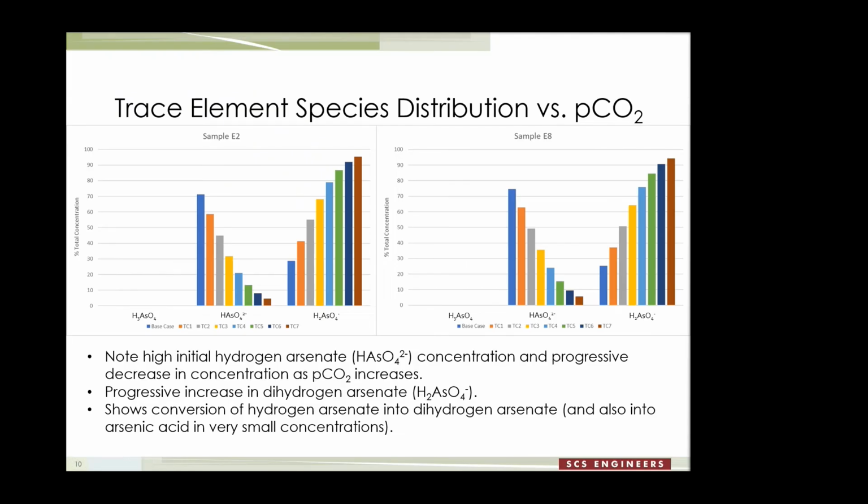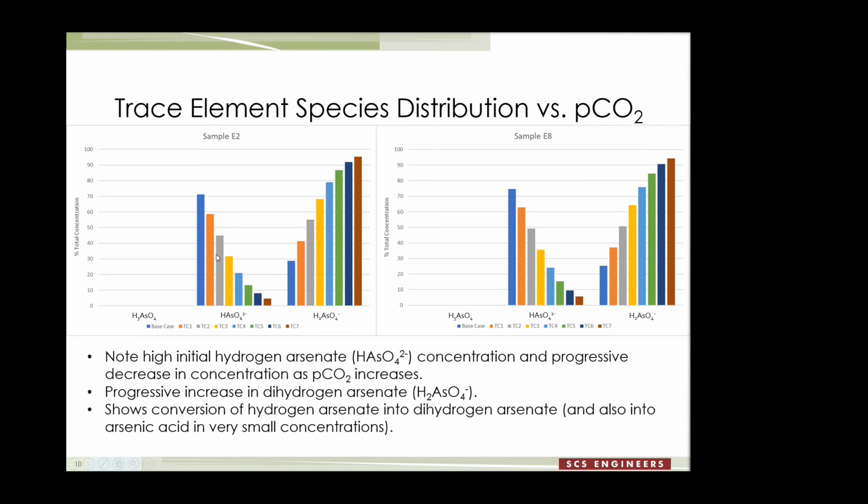Okay, so moving on to trace elements. We're looking here specifically at arsenic. For samples E2 and E8, again looking at the base case, we have an initial high concentration of hydrogen arsenate in both cases and an initial low concentration of dihydrogen arsenate.